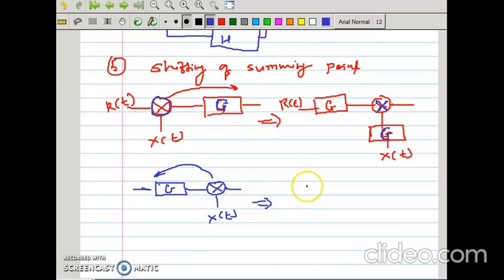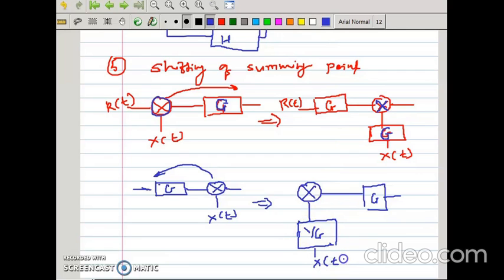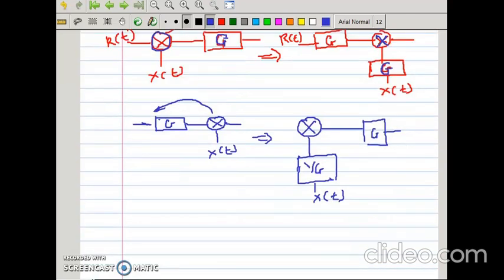We can shift this summing point before the block, but what will be the changes? The changes are very much simple. 1 upon G should be added in the summing point. When we shift after the block, only G is added, and when we shift before the block, 1 upon G should be added.